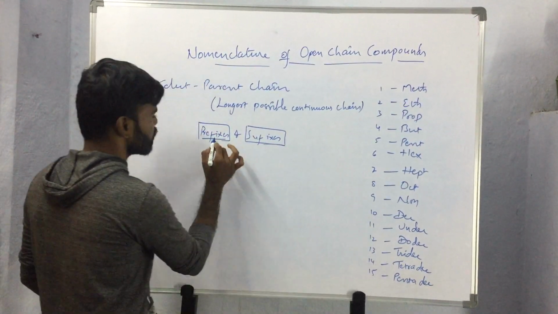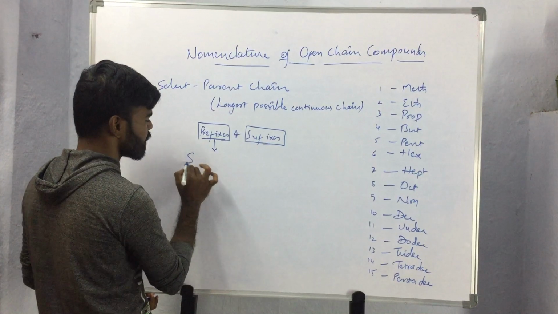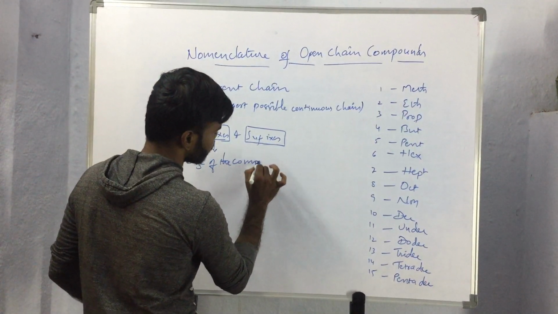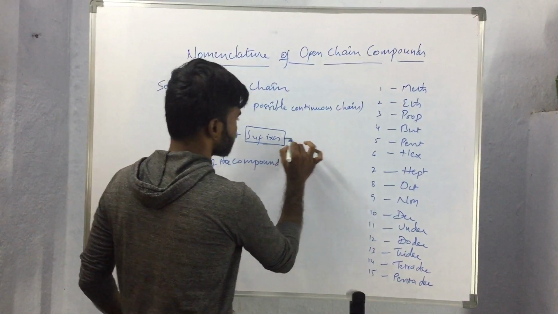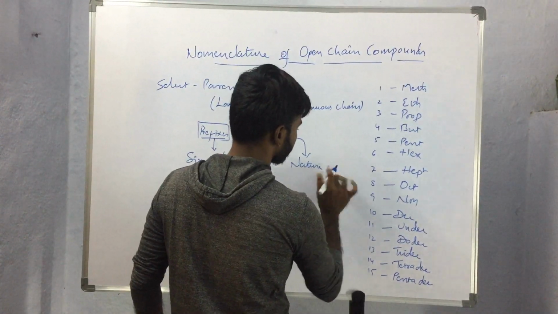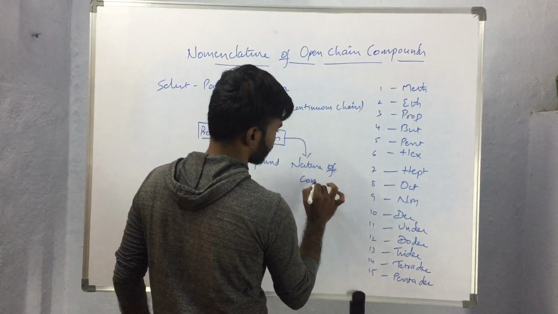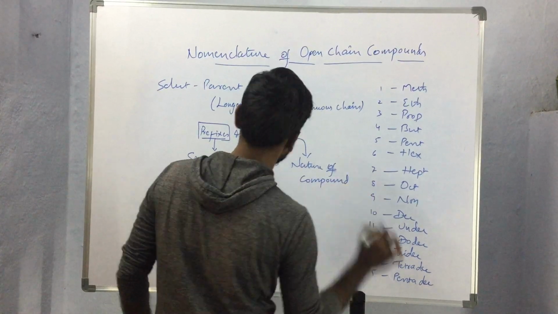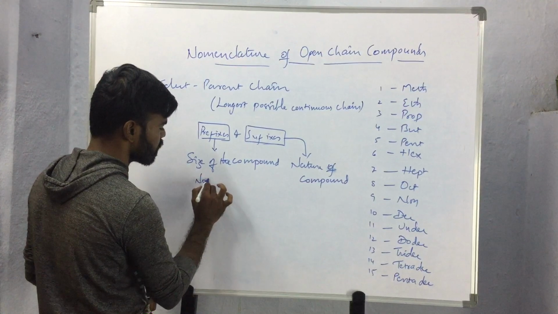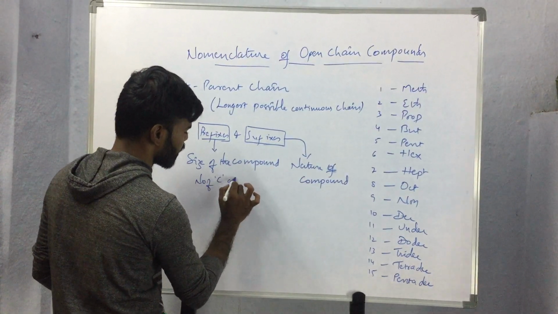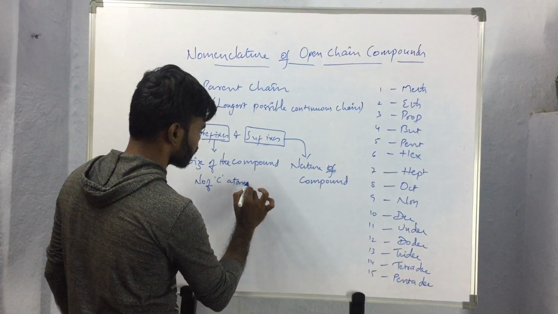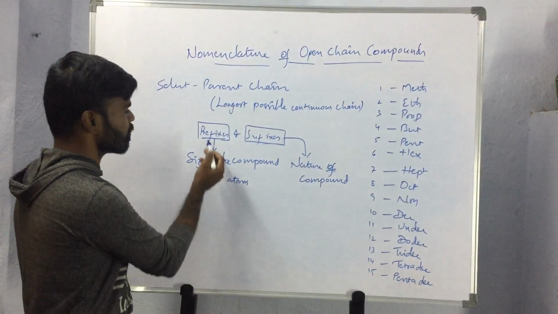Here the prefix indicates the size of the compound, whereas the suffix indicates the nature of the compound. That means the size of the compound, the number of carbon atoms present in the compound, will be indicated by the prefix.